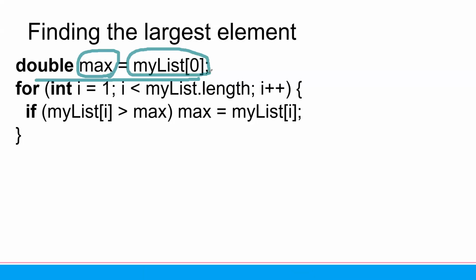Then I check all the elements from index i until the length. If my list i is greater than the maximum, then there will be a new maximum. So the new maximum will be my list of index i.